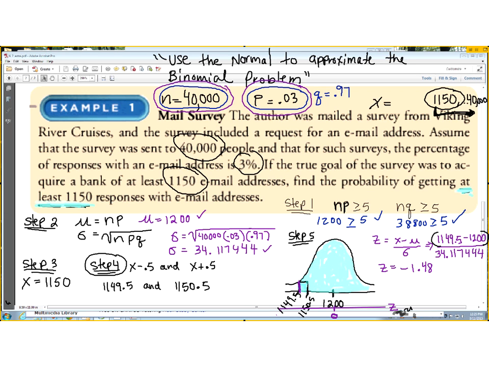Good. Okay. So once I have a Z-score, now I'm ready to look for the area that corresponds to that Z-score. Because what I'm trying to find here is the area underneath the curve, because that is my probability. So go ahead and find your Z-score tables, and you are looking up the Z-score of negative 1.48.